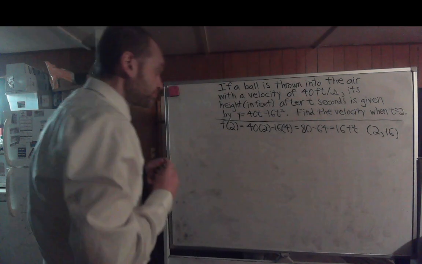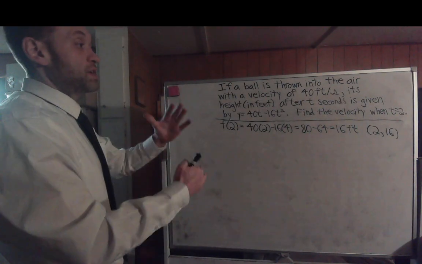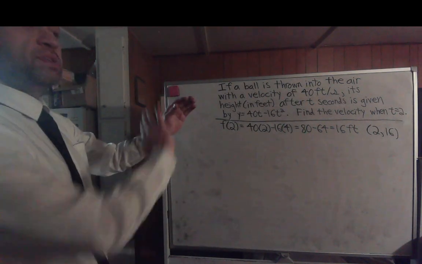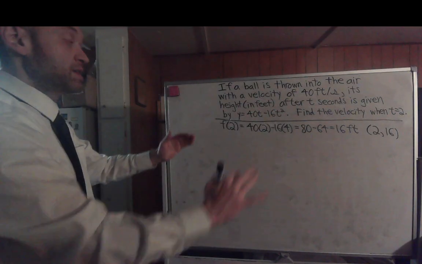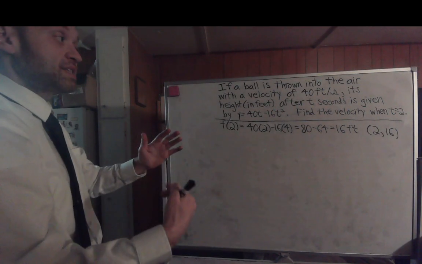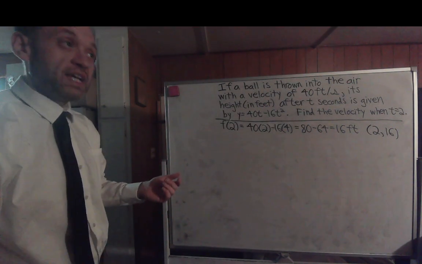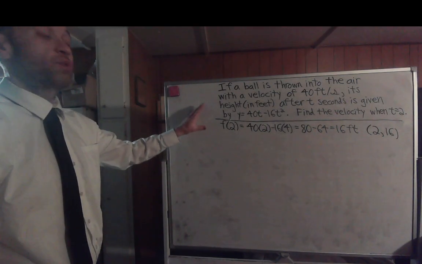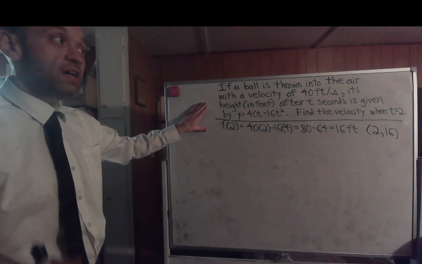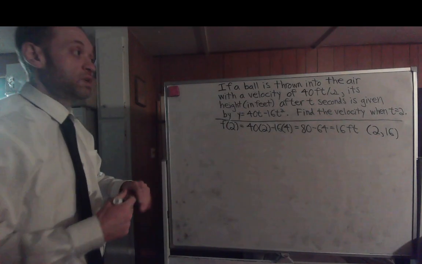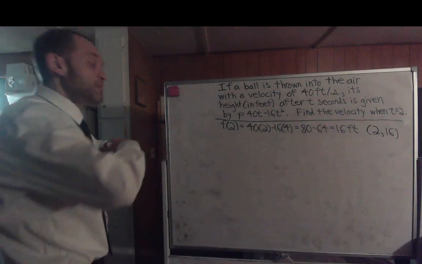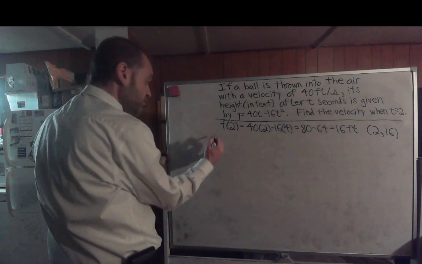Now, we got the time, we even have the position, we have how high in the air it is. We want to find the velocity at that point. Well, all that is your slope of the tangent line, the instantaneous rate of change at that point. That's your velocity at the time equals 2. So we're going to set this up the exact same way as we did the other problems.